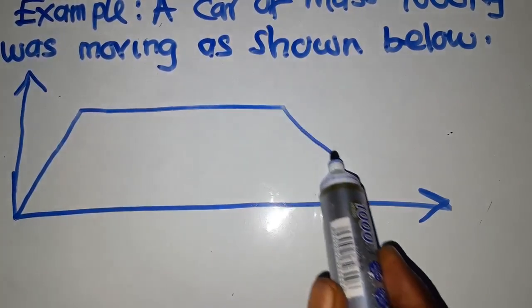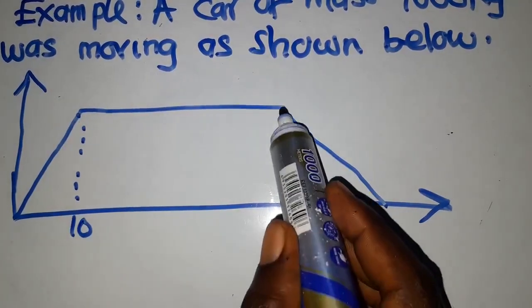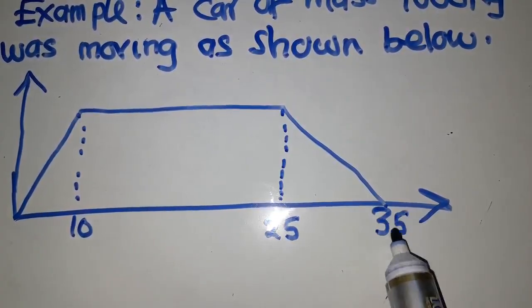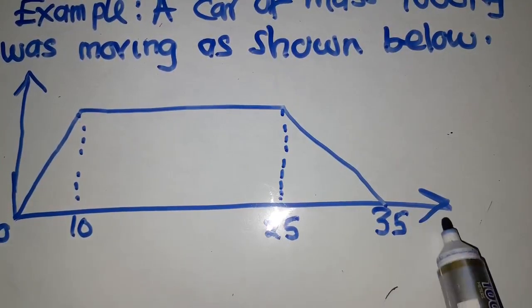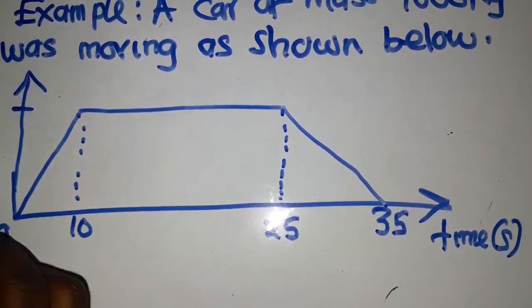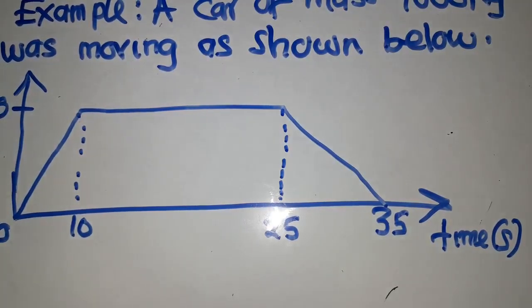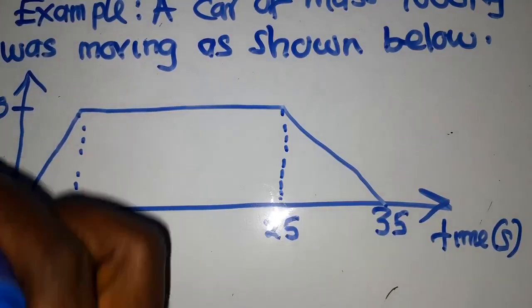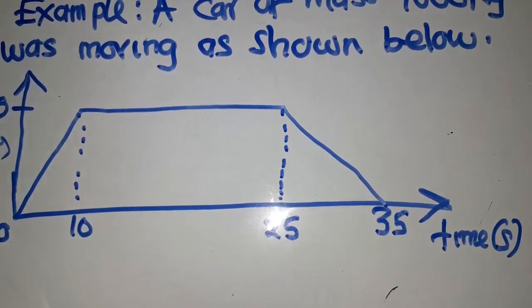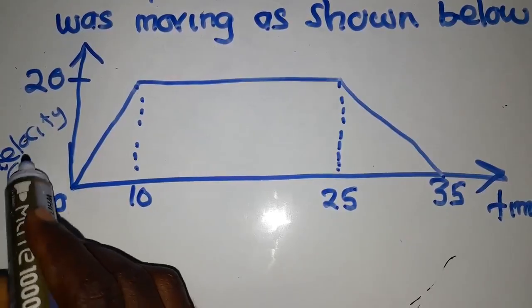Here you are given 10, 25, 35, 0. This is time, which is in seconds. Here we've got the velocity, let's say 20, in meters per second.